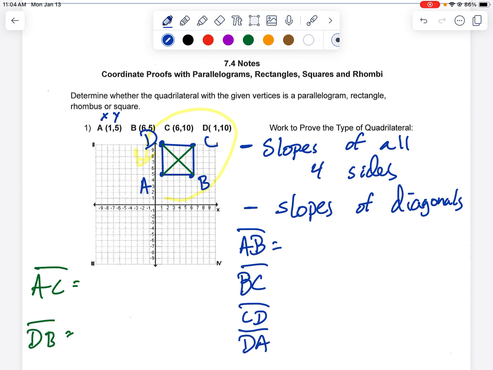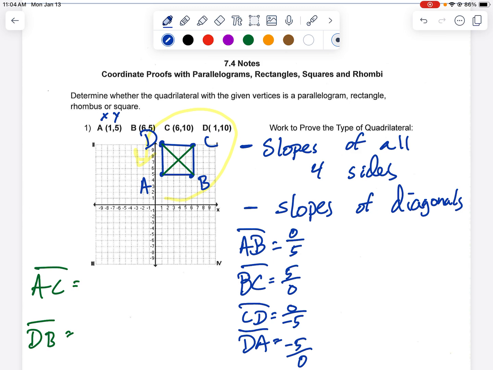If I find the slope from A to B, try it if you want to try it first. A to B, I don't go up or down at all, so it's 0, and then I go to the right 5. From B to C, I go up 5 and over 0. From C to D, I go up 0 and left, so -5. And D to A, I go down 5 and right 0.